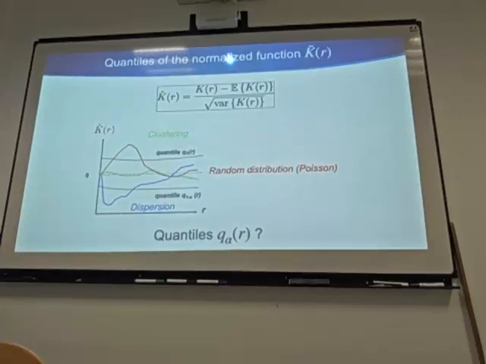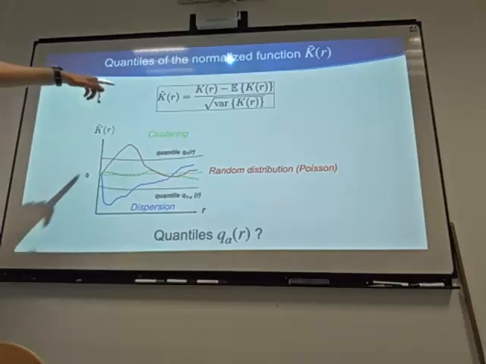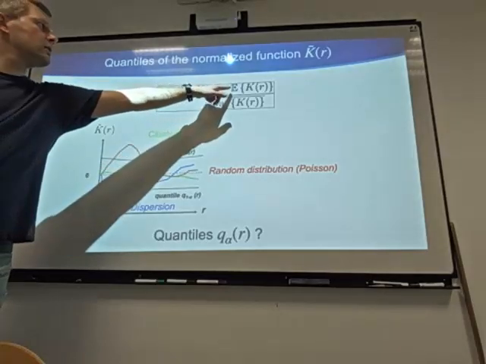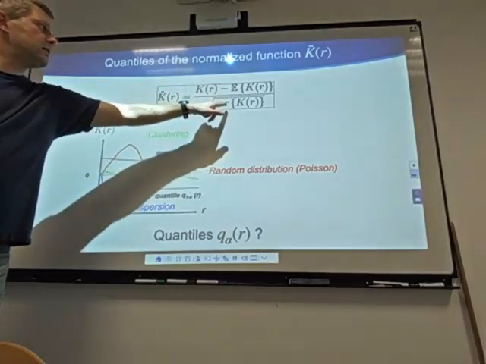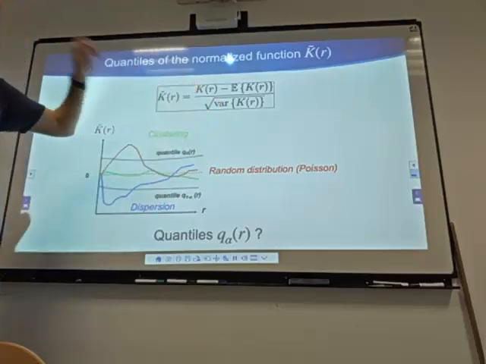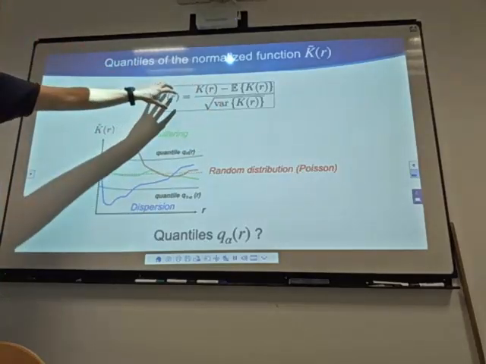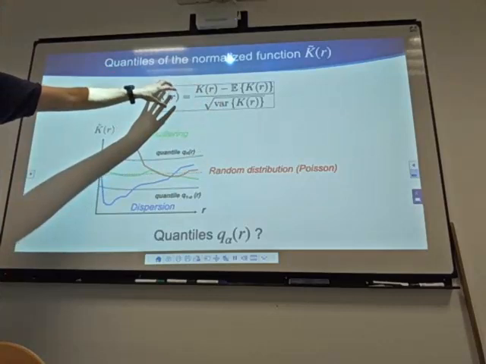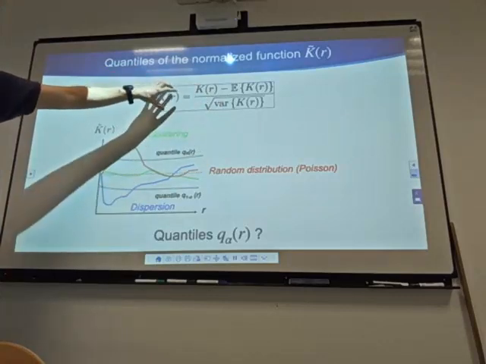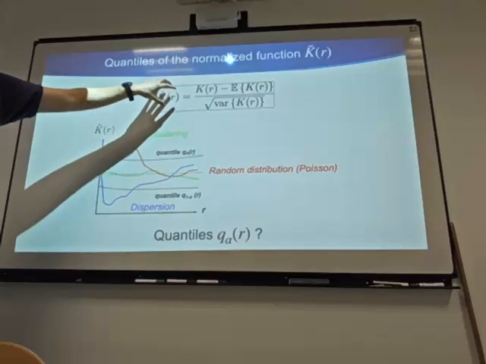This is a type of statistics you can use, so let's introduce the normalized function. You take your function K, subtract the mean and divide by the square root of the variance. This is a normalized random function because the mean is 0 and the variance is 1.